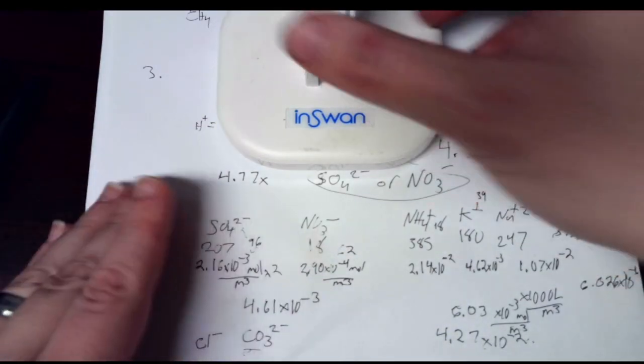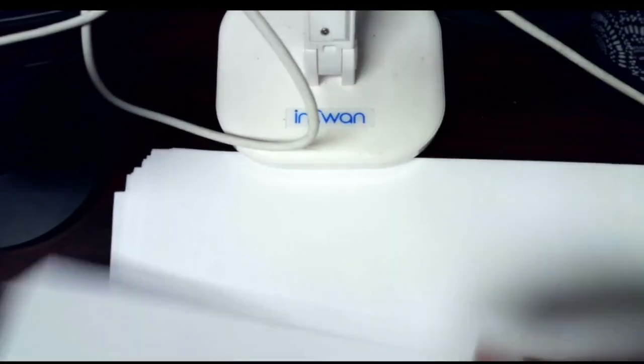Now that's problem 4. Problem 5 is somewhat similar. Problem 5 has us look at average composition and rainfall composition in Egypt. Several sites.